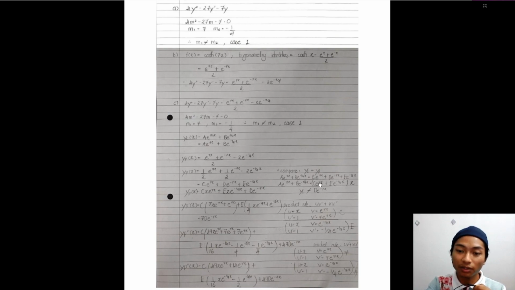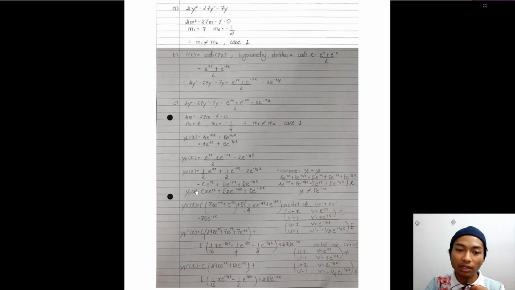So these two we need to multiply by x, and the d e to the negative 7x is not the same as yc. So the final equation for yp is cx e to the 7x plus ex e to the negative 1 over 4x plus d e to the negative 7x.